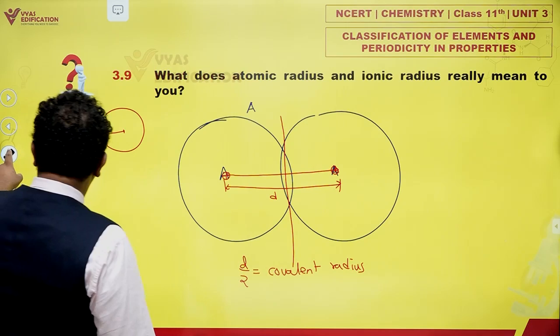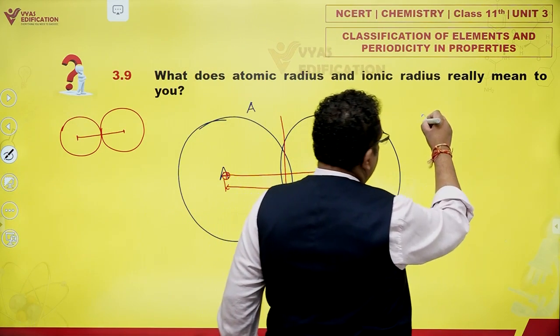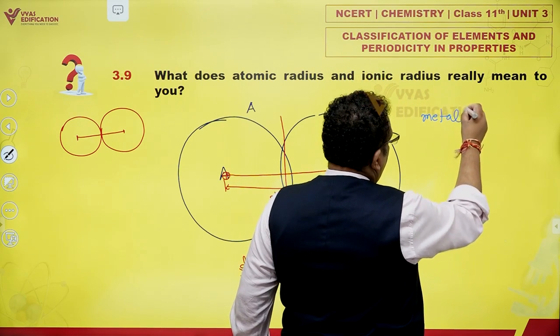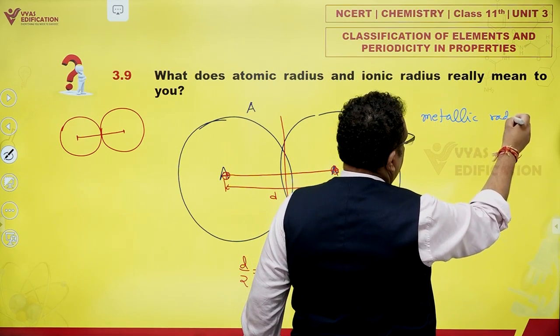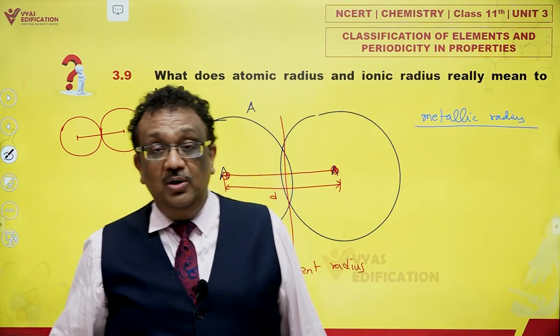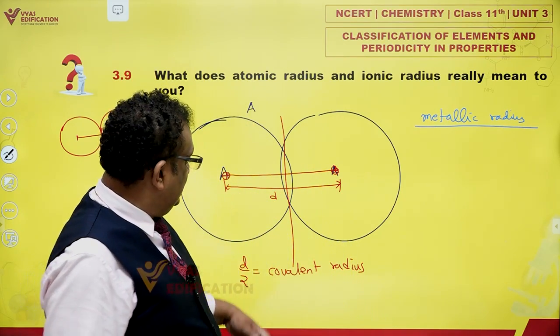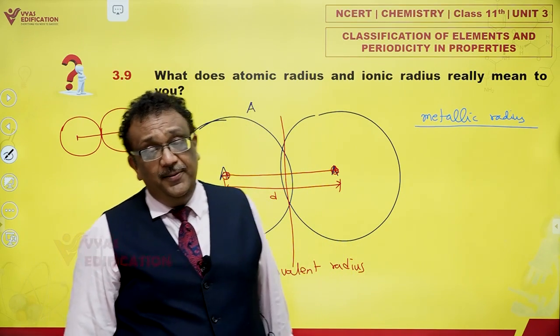And what is that? People devised something which is called the metallic radius. The problem is, not all atoms form covalent bonds and not all atoms are metals either. So for non-metals, covalent radius serves pretty well.